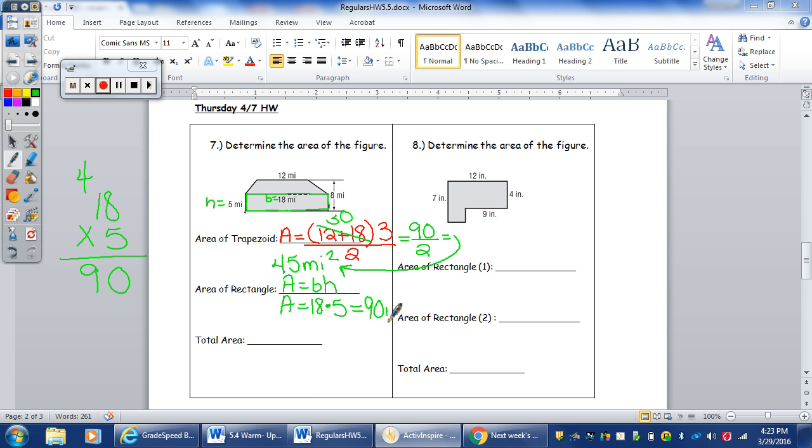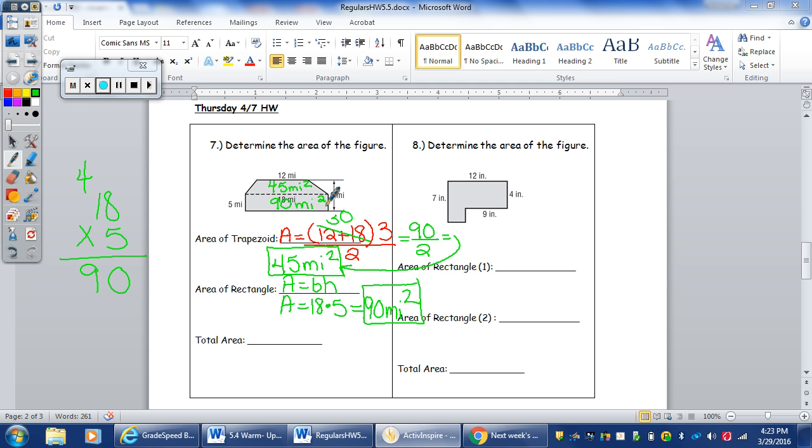And I'm not going to forget to put my unit, which is miles squared. So now that I've calculated both areas, I know the area of my trapezoid is 45 miles squared, and the area of my rectangle is 90 miles squared.